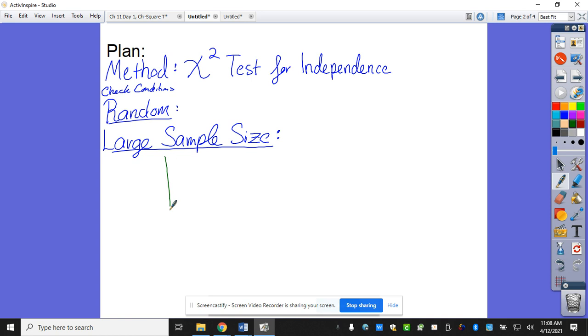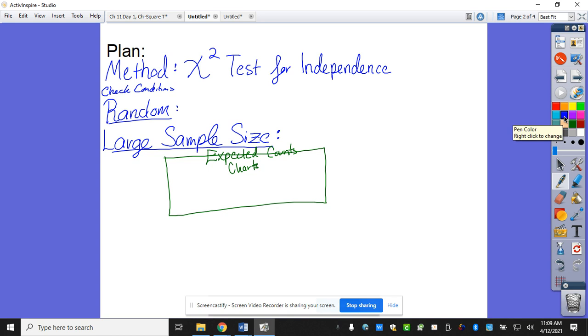So usually I would just go ahead and here make my expected counts chart, but somehow write something that's like expected counts chart. If you have it on a separate sheet of paper, you would just write like on other sheet or something. But you would need to specify, like you don't want to make the grader guess which chart you're talking about. So you can label it expected counts chart or something.